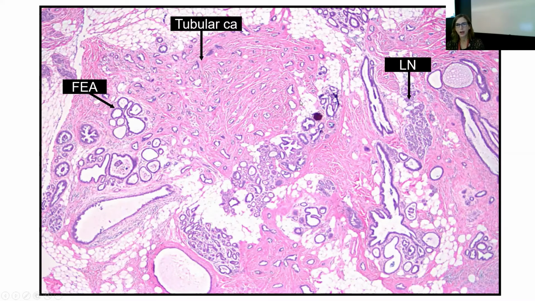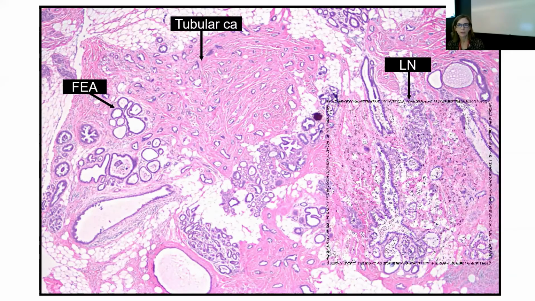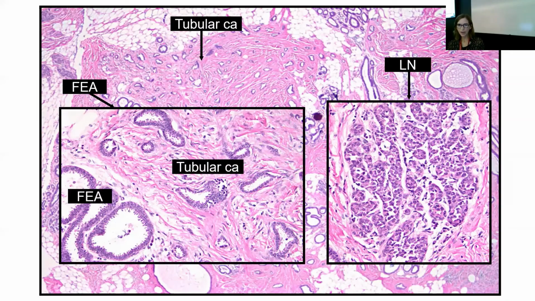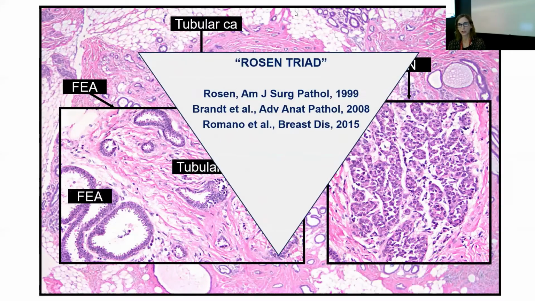The other thing to be aware of is that we often see this constellation of flat epithelial atypia, LCIS and ALH, or lobular neoplasia, in association with tubular carcinomas, lending credence to this non-obligate precursor relationship with low-grade invasive carcinomas. In fact, this triad is referred to as the Rosen triad in tribute to Dr. Rosen, who first called it out in 1999.